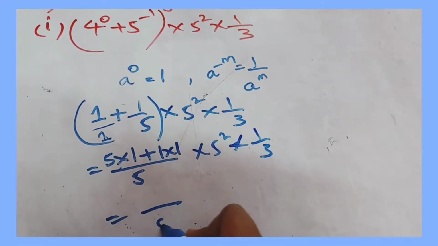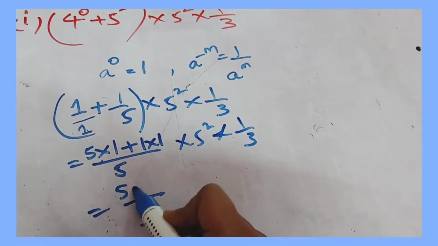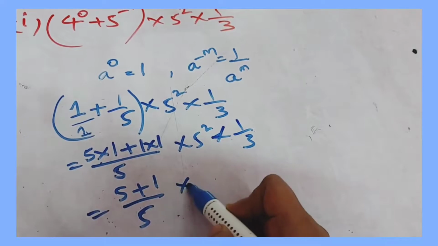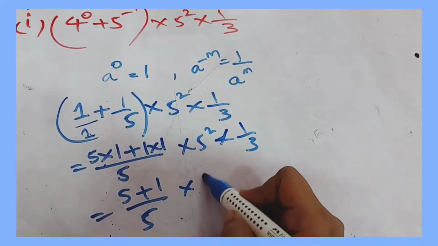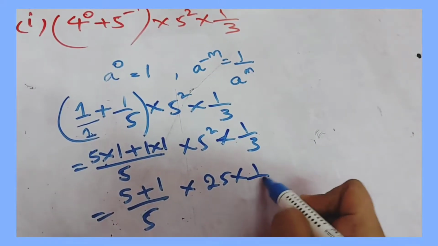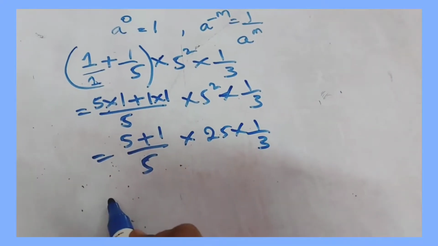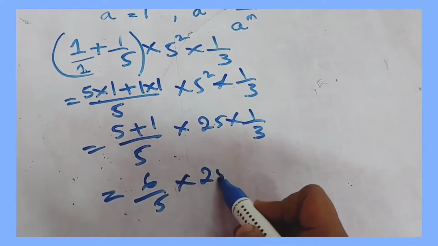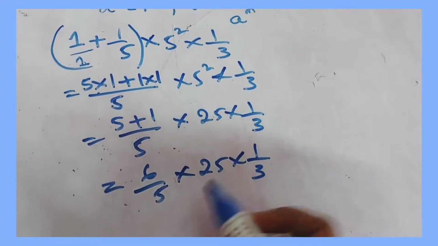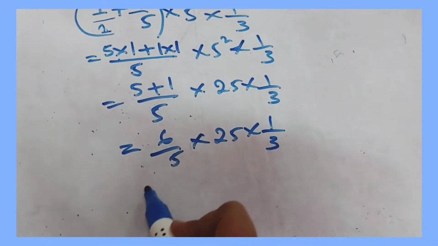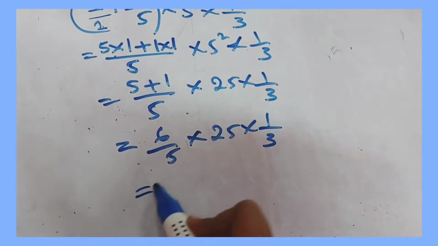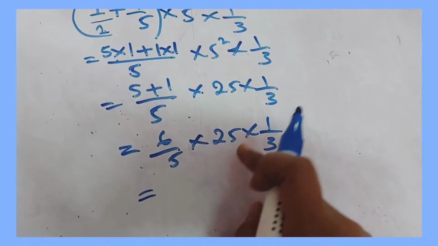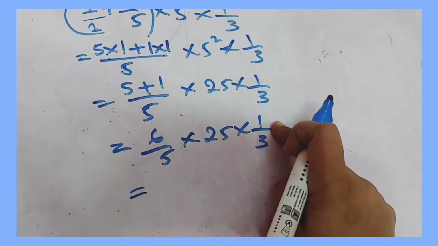So again 5 ones are 5 plus 1 ones are 1, into 5 5s are 25, into 1 by 3. Now 5 plus 1 is 6. So 6 by 5 into 25 into 1 by 3. Here 6 by 5 is there, here 25 is there, here 1 is there.